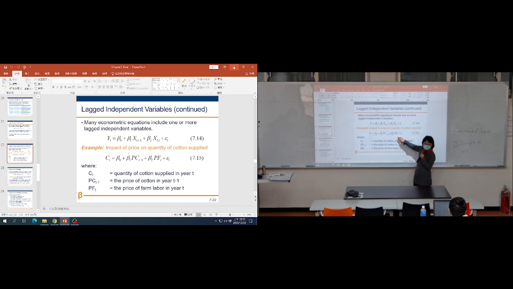is the topic in the next year in another class. Okay? We'll talk more about these lagged independent variables. Okay, so this is really just an example, a pre-taste of the time series data.